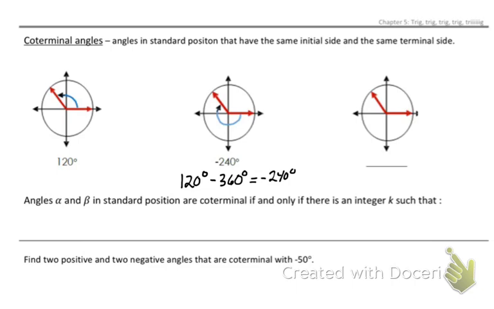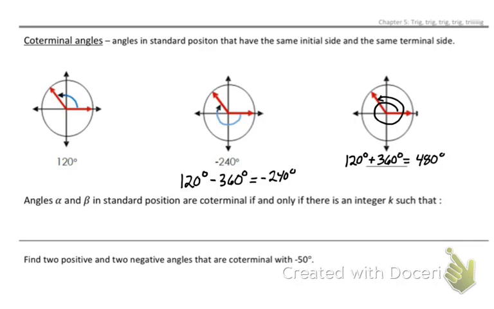If I'm here and I go around 360, that's going to give us our next one. So if I just happen to go around once more, that means if I take that initial angle, 120, and add 360 to it, it's going to give me that coterminal angle of 480.